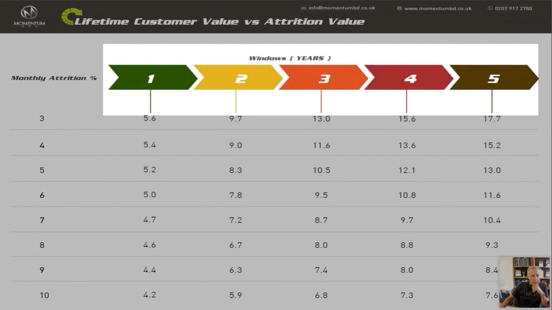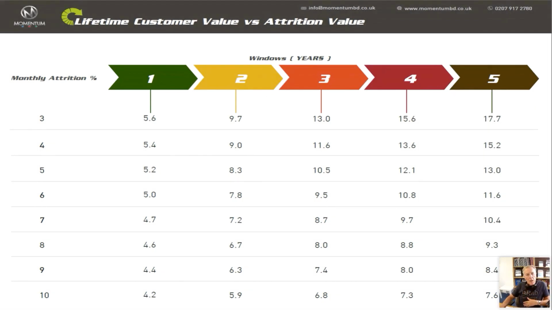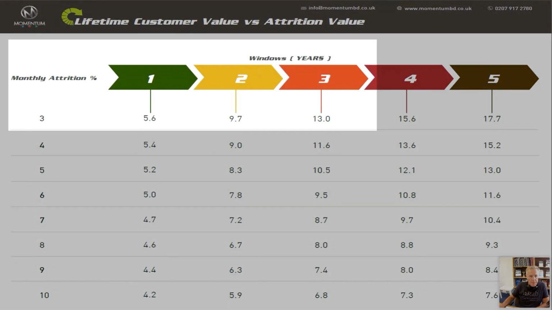And along the x-axis at the top you'll see the number of years in the report. For the benefit of today, let's assume that you like to report what the impact of your monthly attrition is on the number of months on average that a member of your club will pay you. So we're going to look down this red column, this 3-year column.